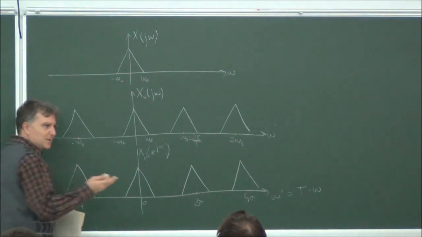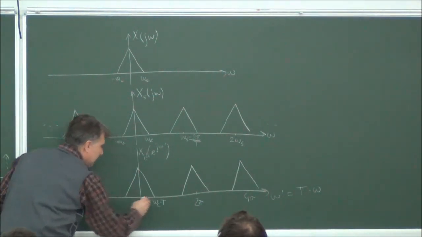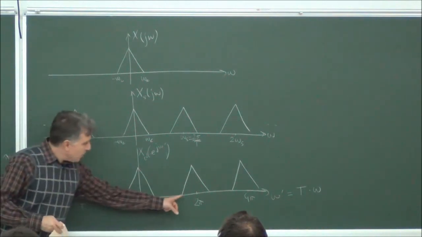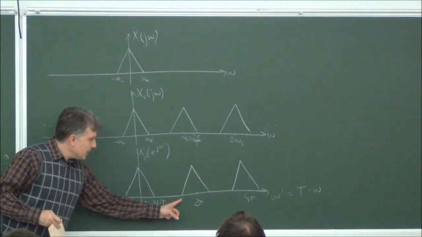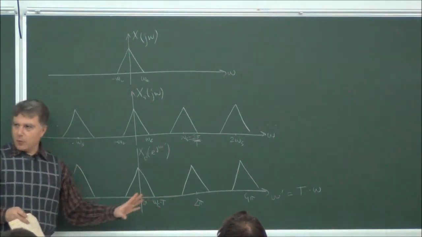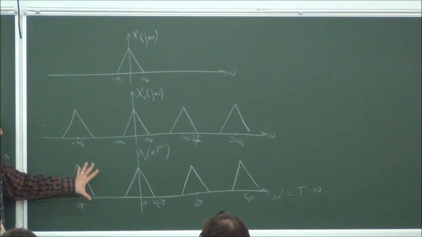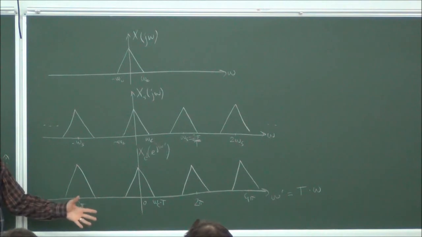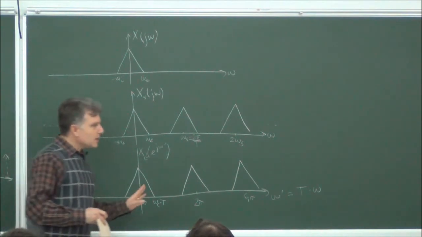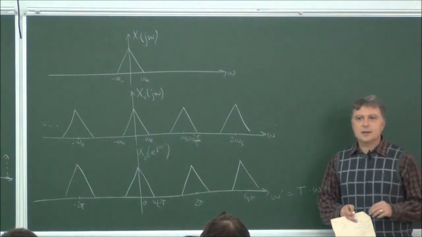Omega c times capital T, as simple as that. And this point is, of course, 2 pi minus capital T times omega c. That's the point. So the shape is the same. And this corresponds to the discrete time converted signal's Fourier transform. And that's it, you are finished. You're not expected to do anything more than that.